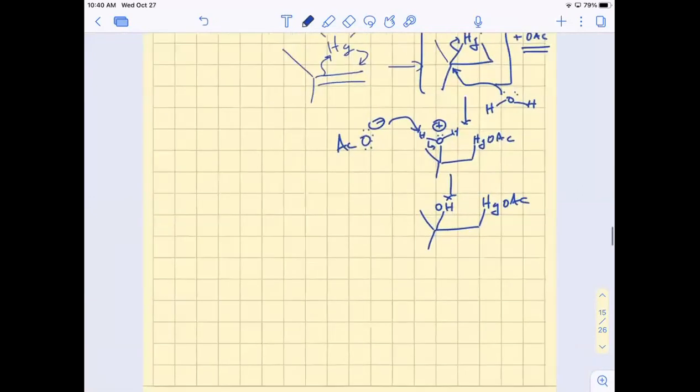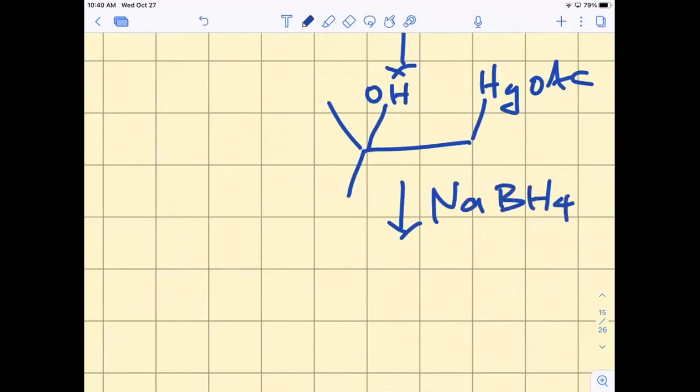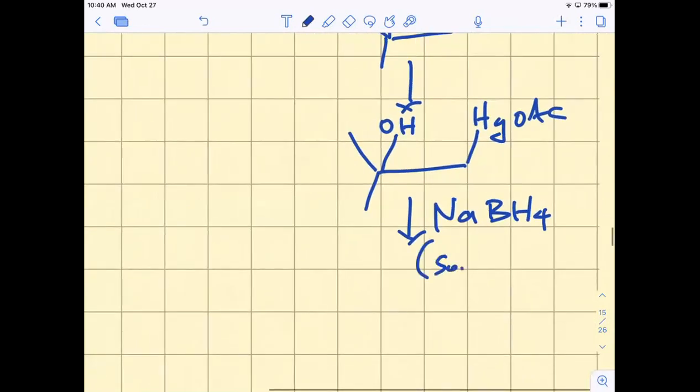And then the second step is just to add in sodium borohydride. This is a source of H minus.